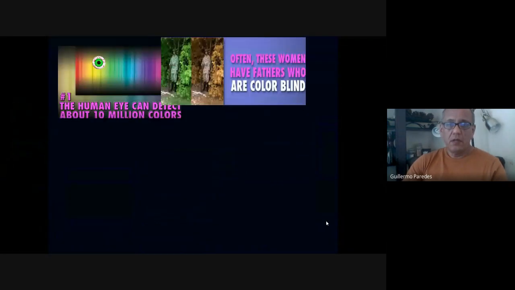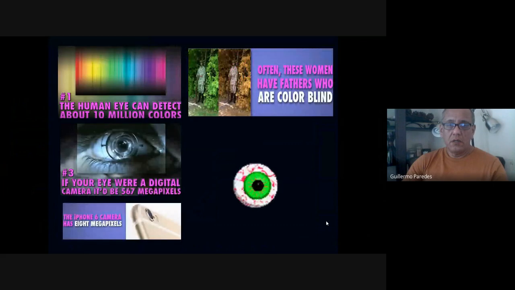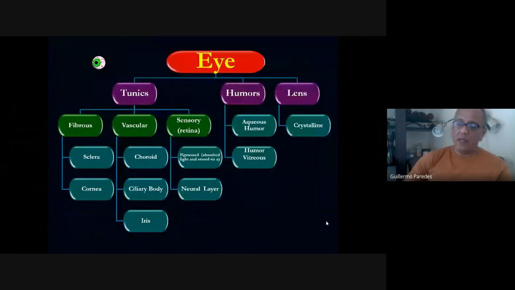So if we talk about the eye, these are all the components of the eye. All right, so listen, we have three areas that we need to remember. The tunics, or the layers of the eye.